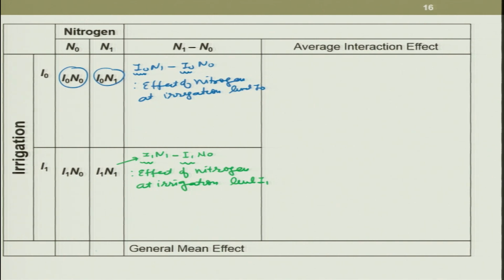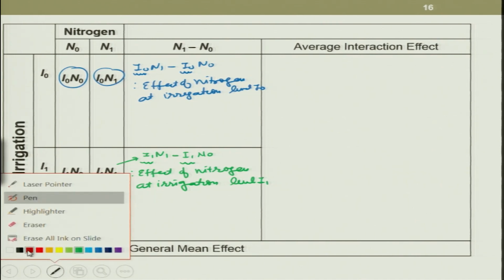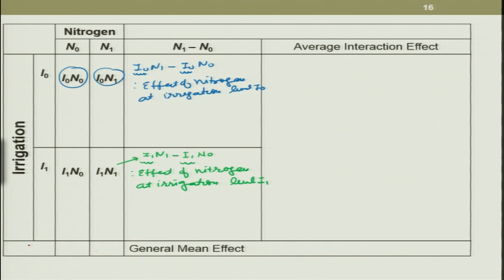Now, I try to denote the same thing in the symbols A and B, just to avoid any confusion at a later stage. So, this is my factor A, with levels A0 A1, and this is my factor B, with levels B0 B1. So, here I have A0 B0, here A1 B0, here A0 B1, and here A1 B1.